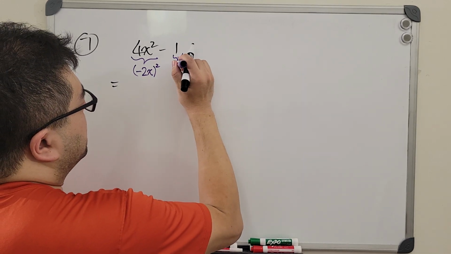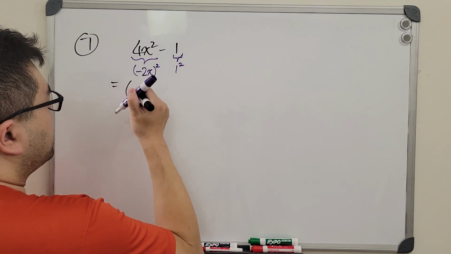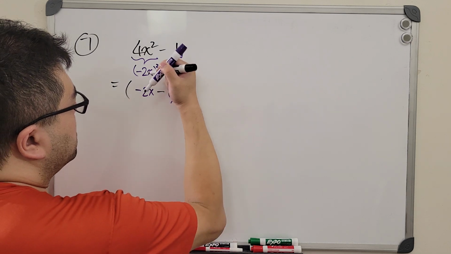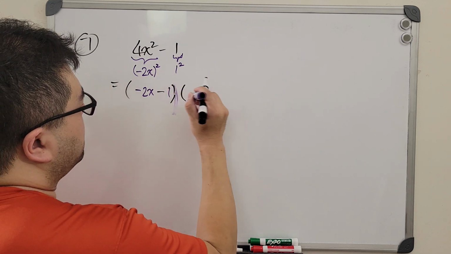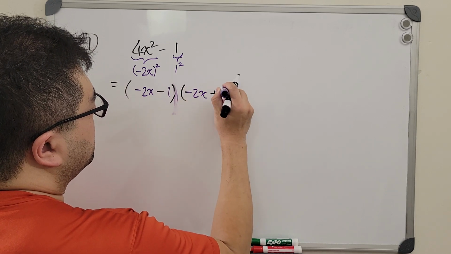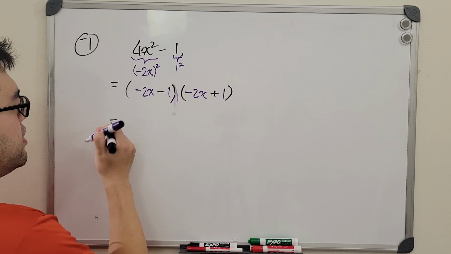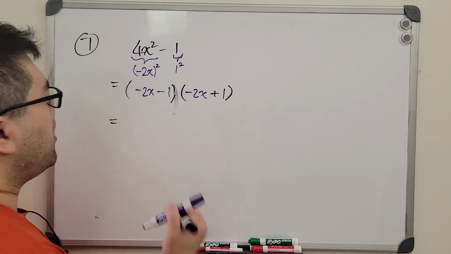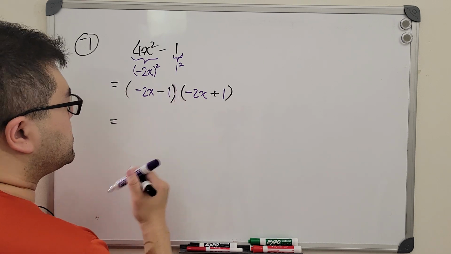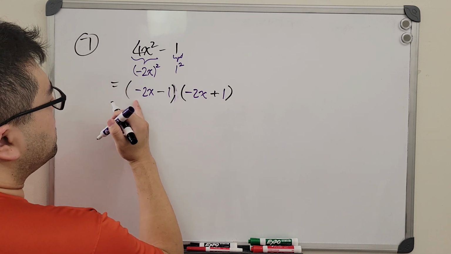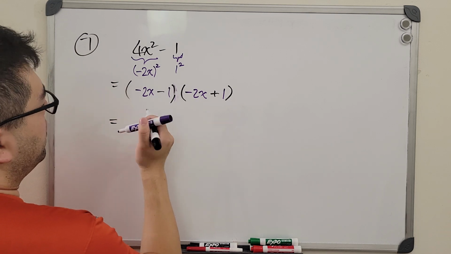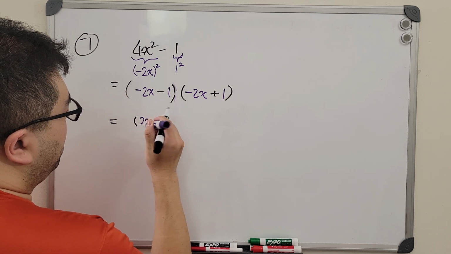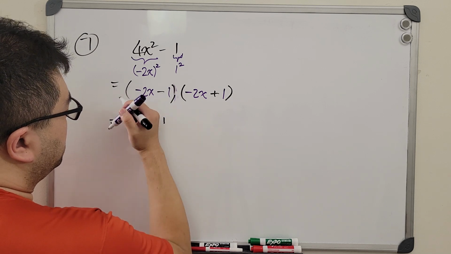So let's say we stick with positive. Then as we factor, we get negative 2x minus 1 times negative 2x plus 1. It looks a little different from usual, but we can try to factor out the negative in each parentheses and see what happens. If we factor a negative from this term, we have to flip the sign of all the terms inside, so we end up with negative, then 2x plus 1.